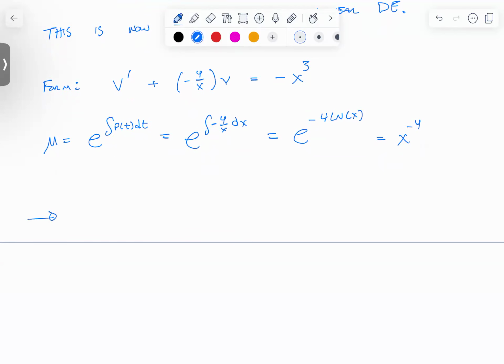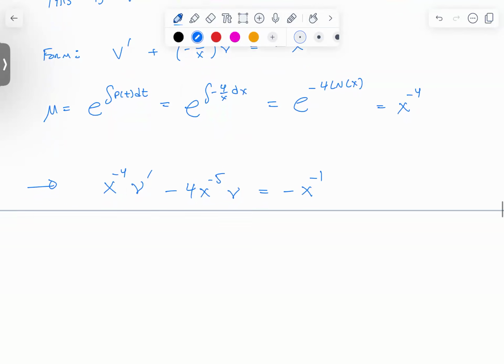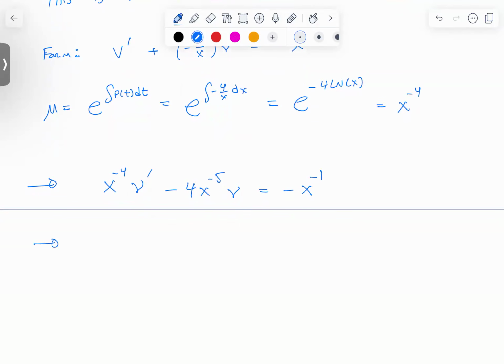But that just becomes x to the negative 4th. Multiply it into my equation. Multiplied in, what do we see? Product rule, and this one does line up.